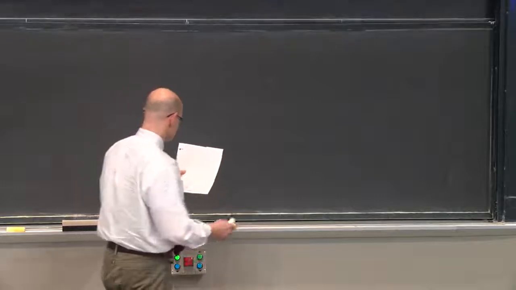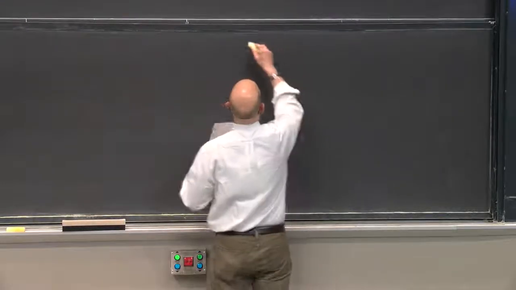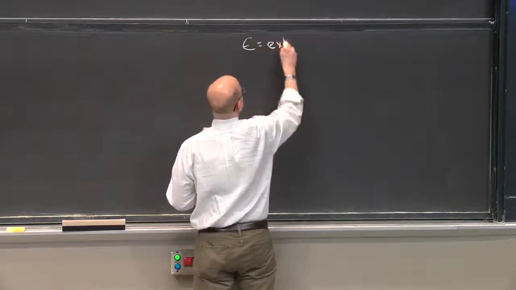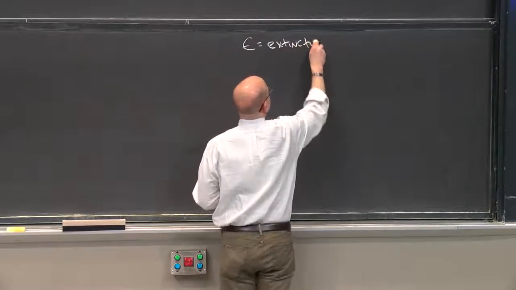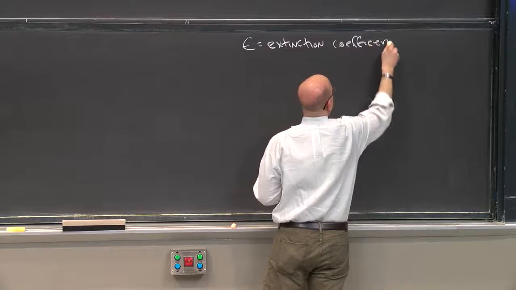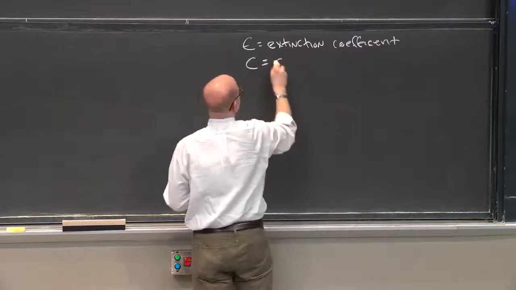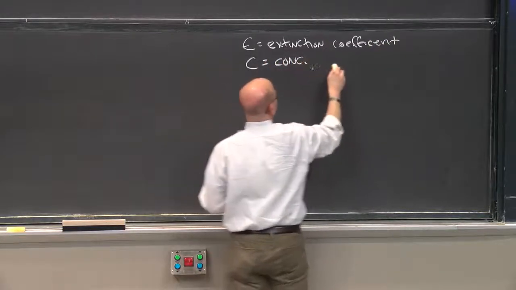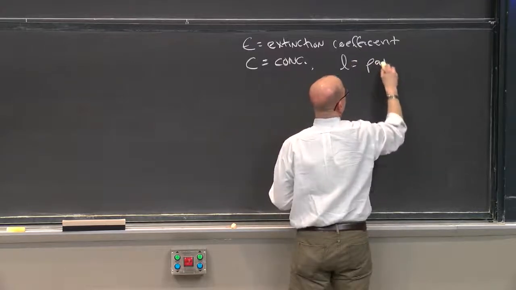In that equation, epsilon is the extinction coefficient. C is the concentration of the solution, and L is the path length.